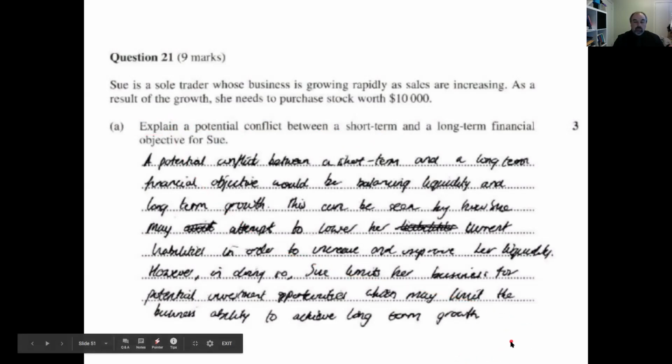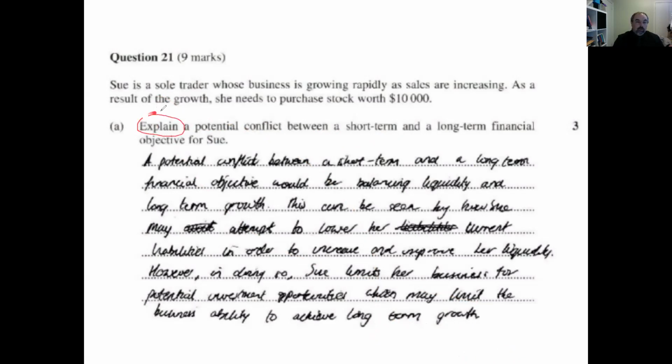So we know that explain means looking at the cause and effect, okay? So we would circle the verb and we'd make sure that we're talking about conflict, so key word, and we've got short and long-term obligations there in terms of objectives. So let's have a look at the answer.